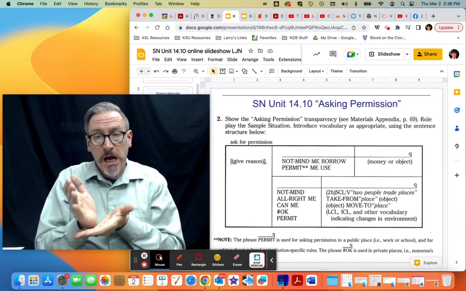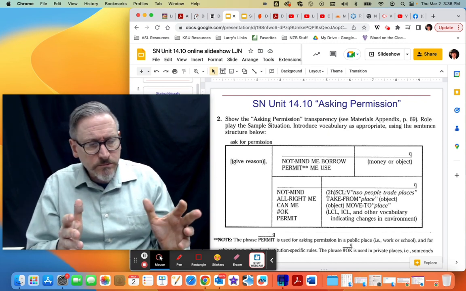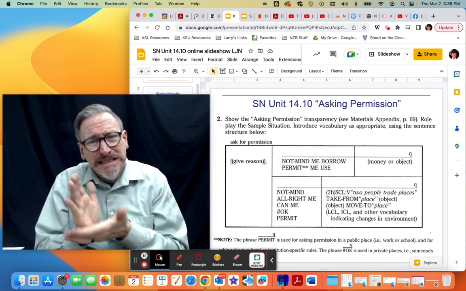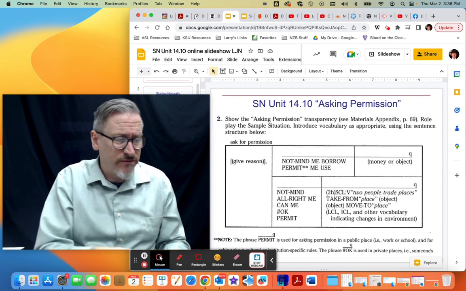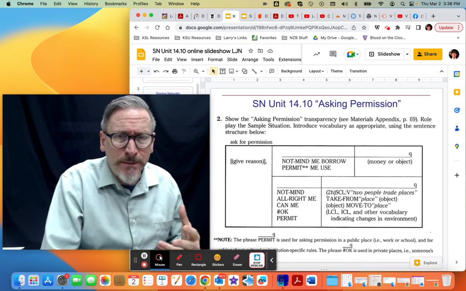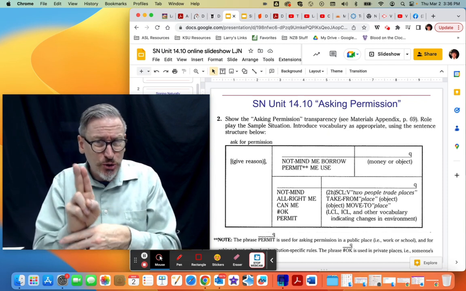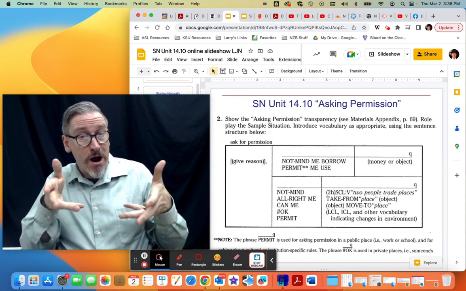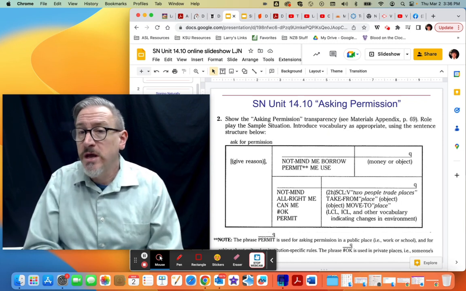Permit, allow. Most of the time, that's the sign that I would see used. Is it all right? All right might be a better sign for that, or I mean a better English word for it. Allowed to use, or allow. So here's one-handed, two-handed.